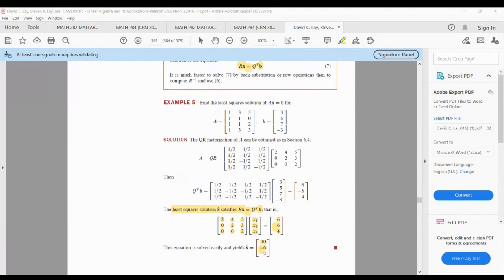I'll just mention now, for instance in your homework and final exam, for these least squares solutions, there's typically instructions in the problem on which of the several ways you have to find a least squares solution. Sometimes it'll say use the normal equations, and of course this example 5 is not using the normal equations. This is using QR factorization to get the least squares solution.